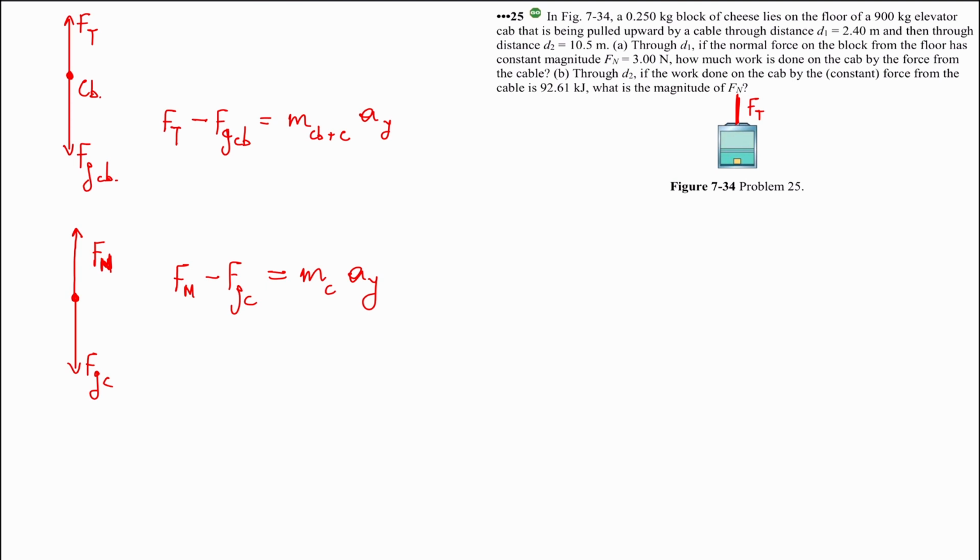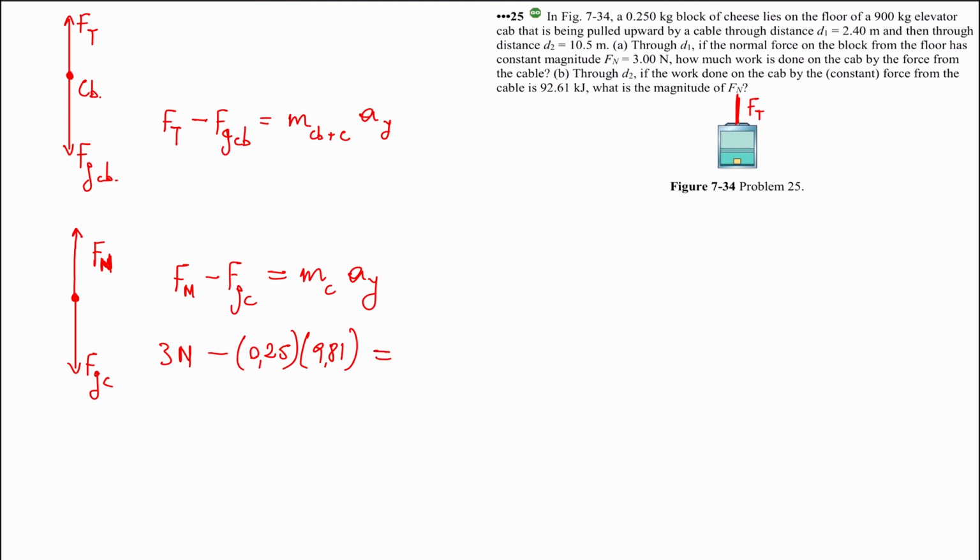Now notice, when it comes to the cheese, we have enough info to determine what A sub y is. We know what Fn is, that's 3 newtons. And minus, we know the mass of the cheese is 0.25 multiplied by 9.81. That's the force at which gravity attracts the cheese toward the center of the earth.